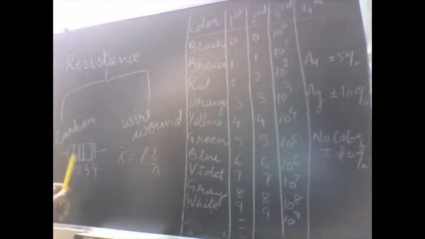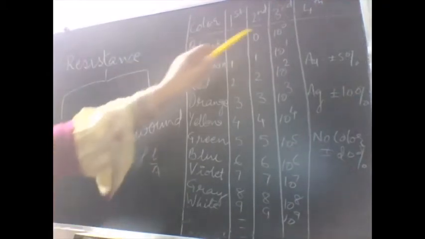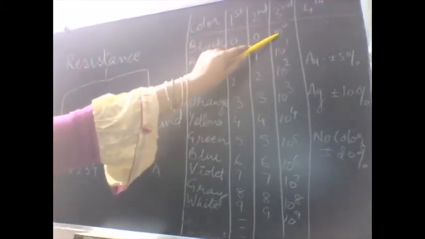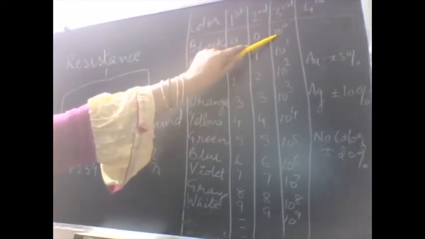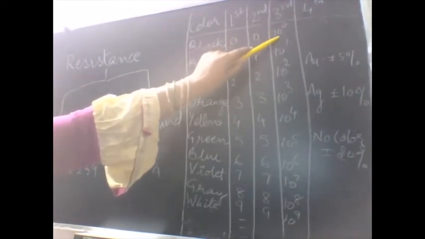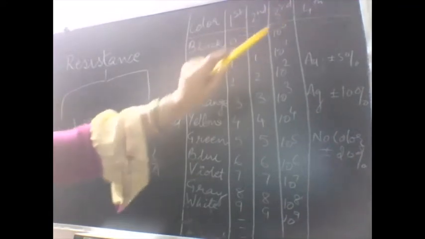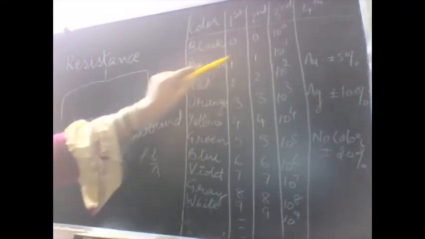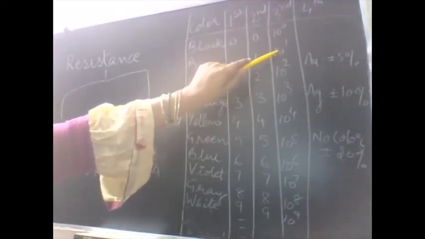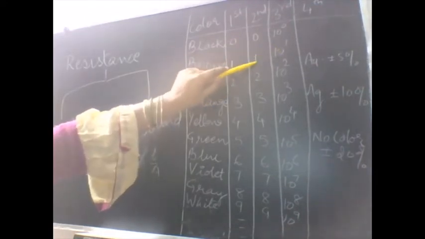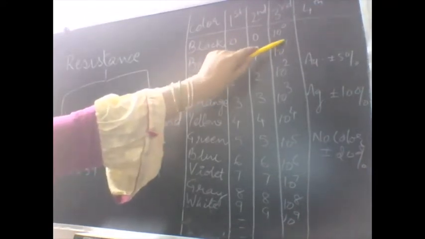The third ring, which is provided over there, is a multiplier. So in case the third ring is black in color, the multiplier that I am going to use is 10 raised to the power of this number, 10 raised to the power 0. For example, if the third ring is brown, the multiplier will be 10 raised to the power of this number, that means 10 to the power 1.